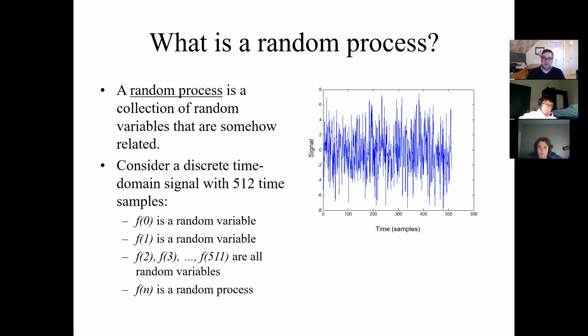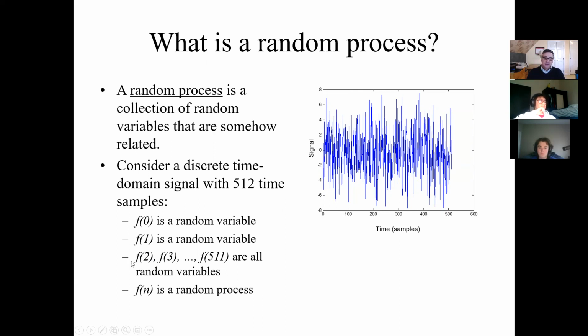In our context, we're talking about signals, right? So the idea is that over time, let's say we have 512 time samples, so there are 512 points in this signal. Each point in that signal vector is a random variable.